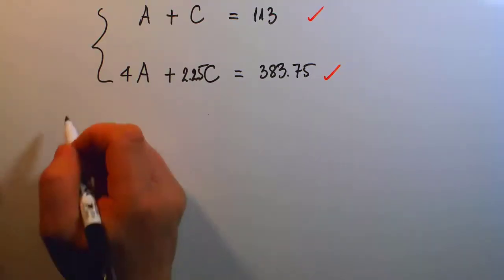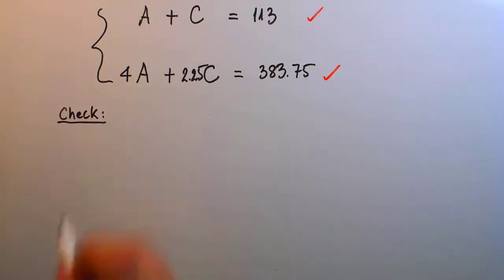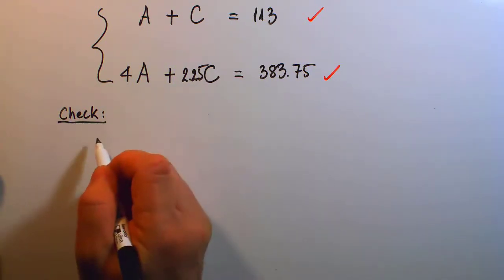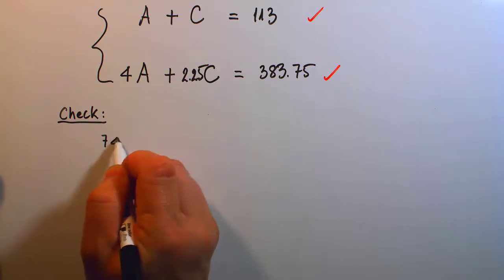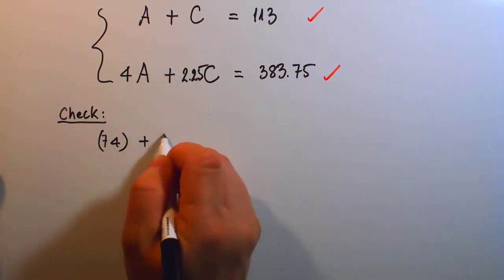It's always a good habit to check whether our found solution is truly the solution to the system, because sometimes we might have made a typo when we enter the matrix, or sometimes our solution by hand can also make mistakes. So checking the solution is always a good idea. We found A equals 74, so I am substituting 74 into my first equation, and we found C equals 39, so add 39.